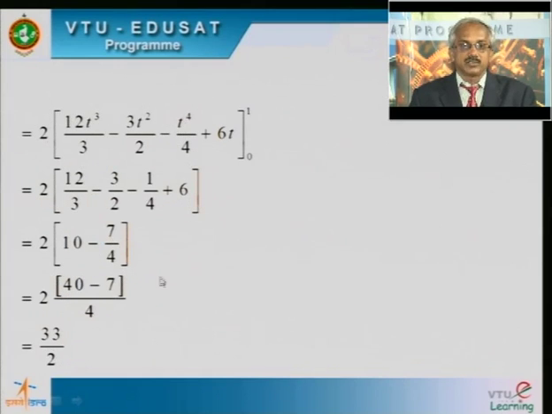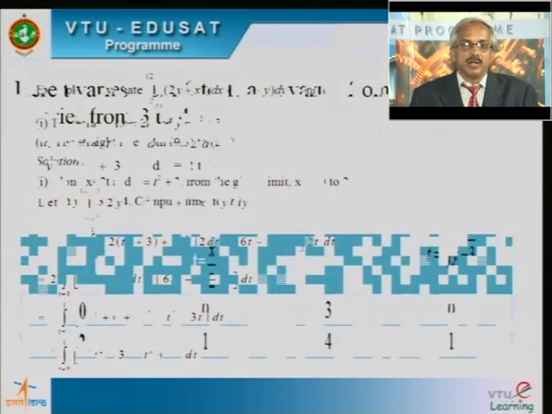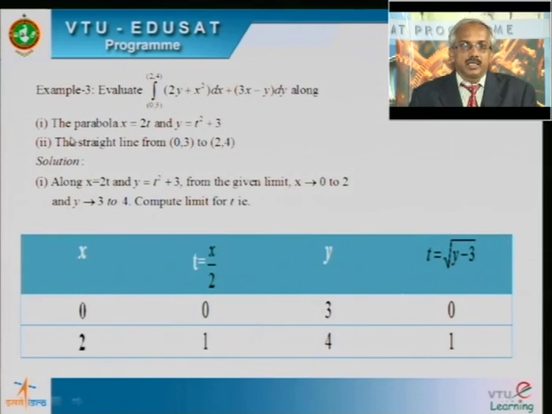Integrating and applying the upper and lower limits, we get 33 by 2. This is the value of the integration of the given function along the parabola x is equal to 2t and y is equal to t squared plus 3.